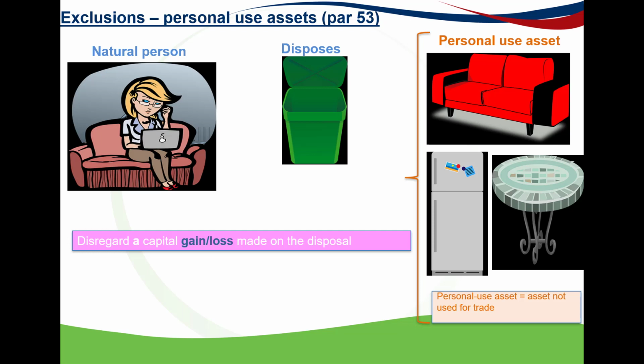Now, for assessment purposes, even though we know the gains or losses should be disregarded, it must still be shown in the calculations, and the disregarding must be clearly indicated.